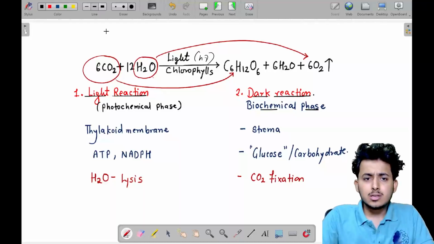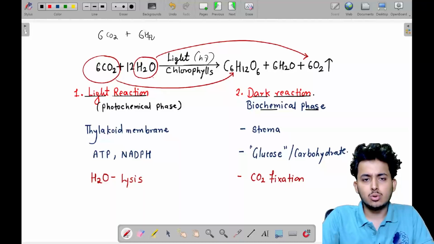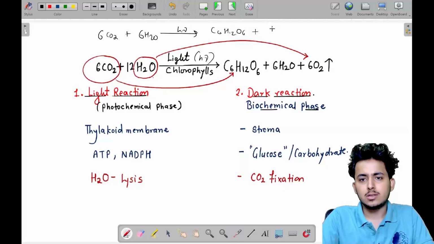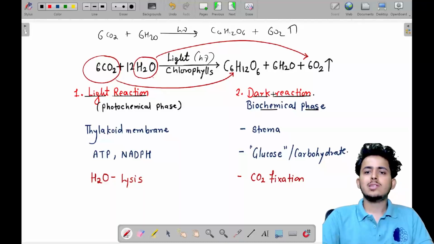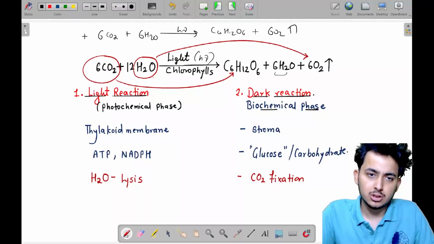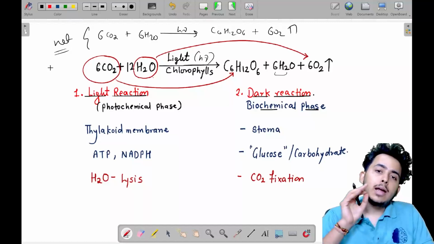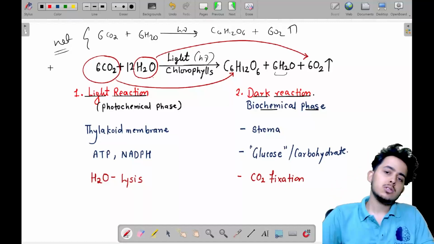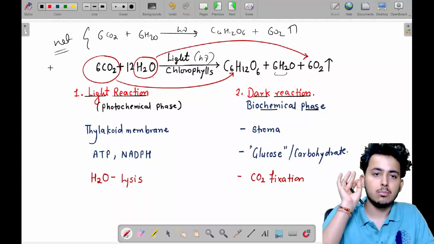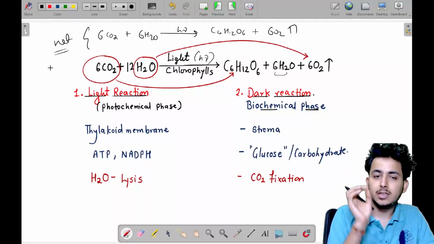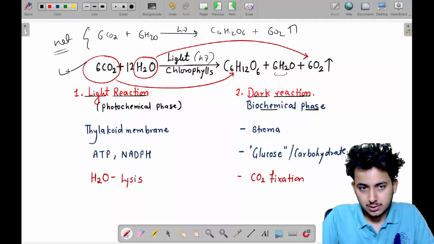But some people also write 6CO2 plus 6H2O, in the presence of light and chlorophyll, gives rise to C6H12O6 plus 6O2. You will say, sir, if I move the 6H2O here, it will be the net equation that you have written on top. Numerically, both of these equations are correct, but biologically or scientifically, the first equation is more correct.